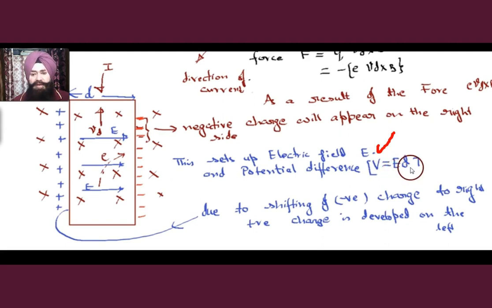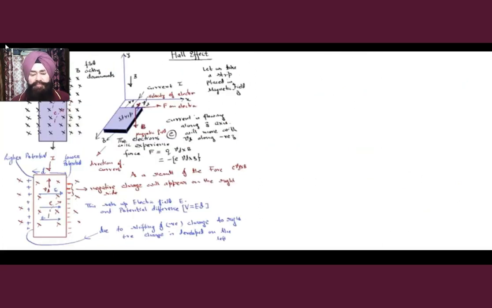Potential difference is electric field into distance, or electric field is potential difference over the distance. Distance means this distance, which is d. So potential difference becomes E into d, and this potential difference is a voltage. Negative means lower potential and positive means higher potential.